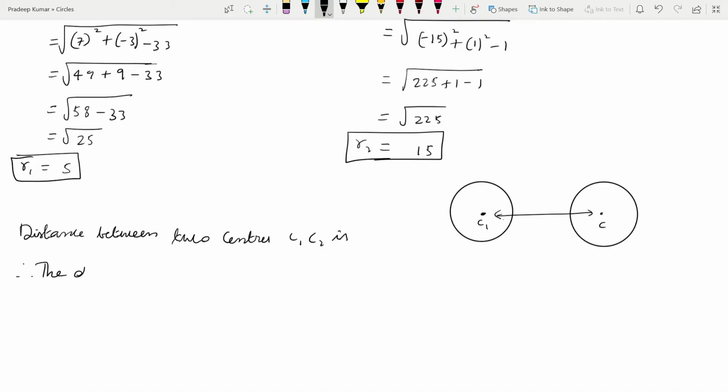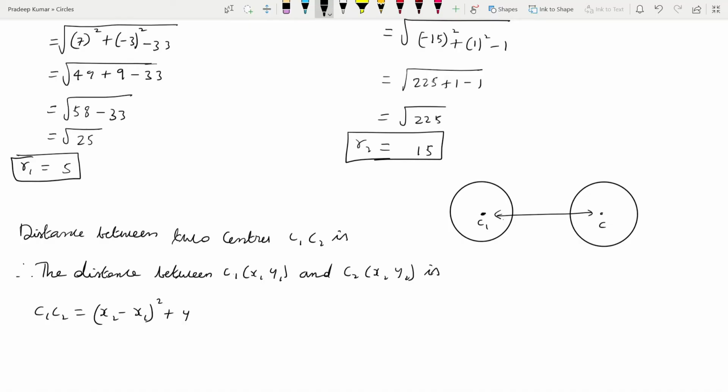I'll use the distance between two points formula. The first point I can take as x1 y1, and the second point is x2 y2. So the formula we have to use here is C1 C2 equals the square root of x2 minus x1 whole square plus y2 minus y1 whole square.